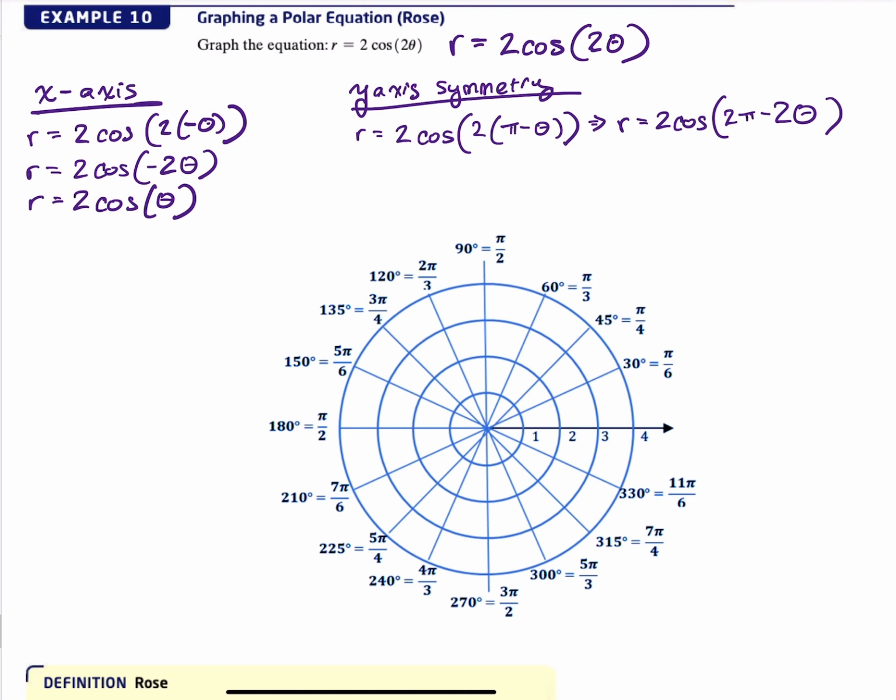So this should be equal to 2 times the cosine of 2 pi minus 2 theta, which is the cosine of 2 pi times the cosine of 2 theta plus the sine of 2 pi times the sine of 2 theta.